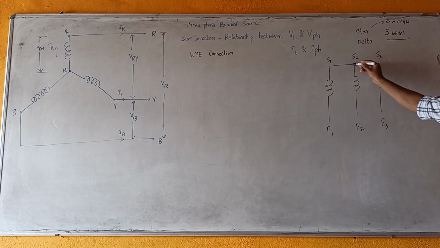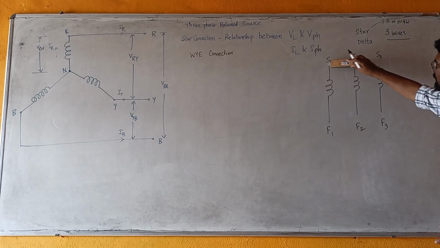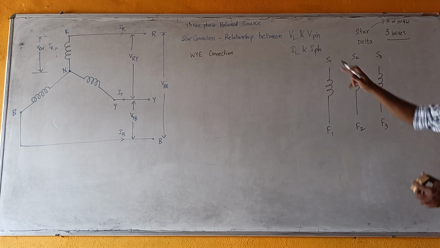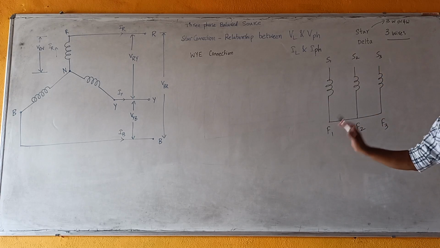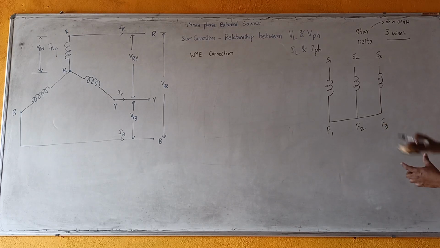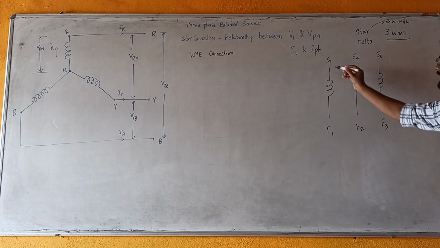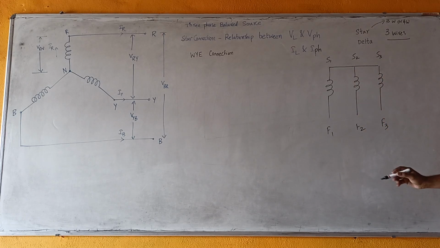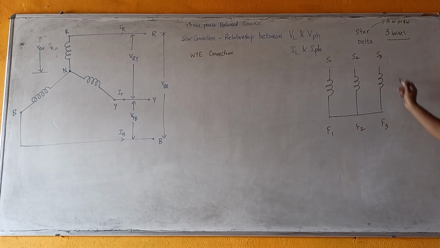Either we connect all the starting terminals together, or we connect all the finishing terminals together, and this forms a star type of system. The method is, we consider three coils, we connect all the starting terminals together, or all the finishing terminals together, and such a type of system is named a star type of connection.